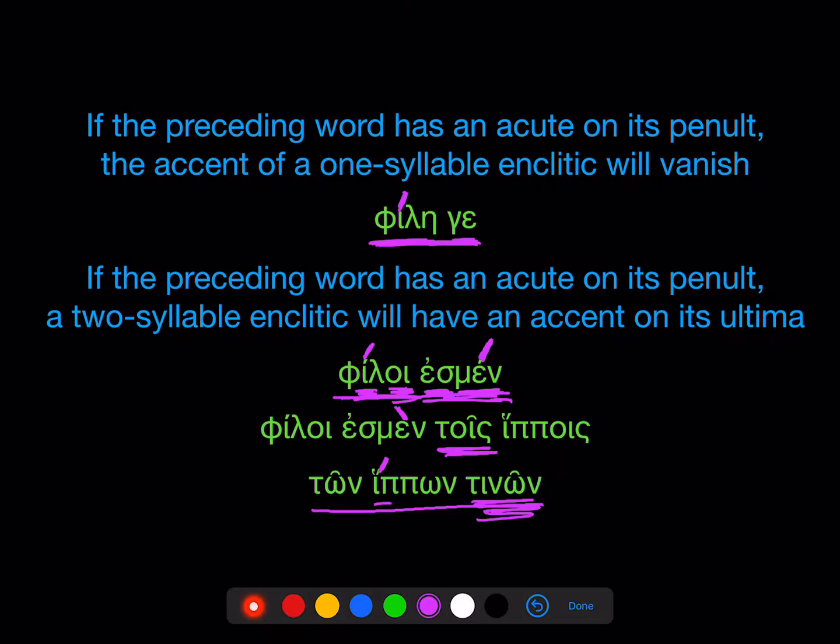So this accent's too far back, right? This is the antepenult, so this is before that. So we have to add another accent. Here, it's over a short syllable, so it's going to be an acute that can turn into a grave when followed by another word. Over a long vowel or a diphthong, it becomes a circumflex. And that's it.